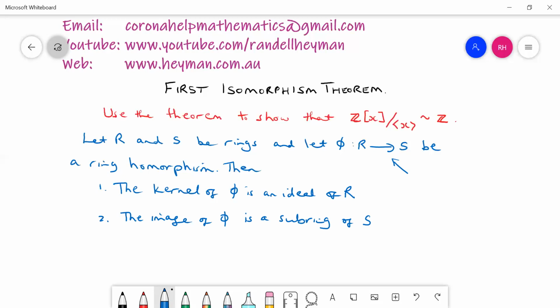And then the final one, which is the important one for us, I think, is that the image of phi is isomorphic to the quotient ring. Now, I haven't done a video on quotient rings, but I've done one on quotient groups, and the concept is pretty much the same.